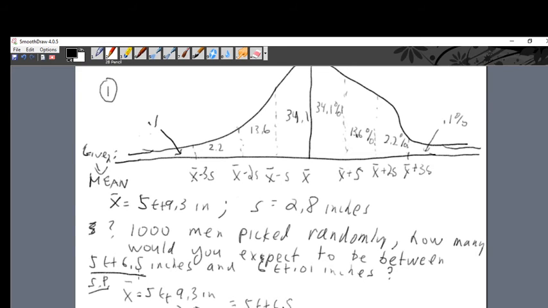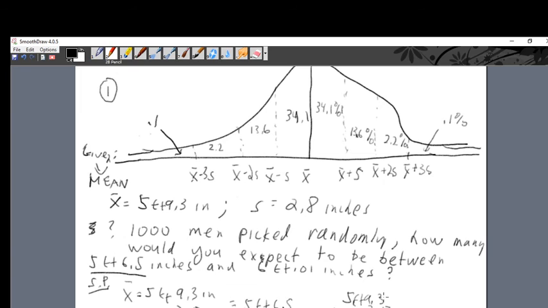Okay, so they chose something deliberate, and now let's examine 6 foot 0.01. So let's take again the mean, 5 feet 9.3, and this time add 2.8 inches.